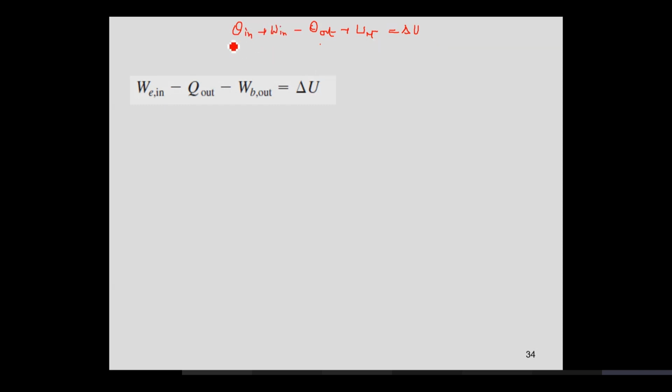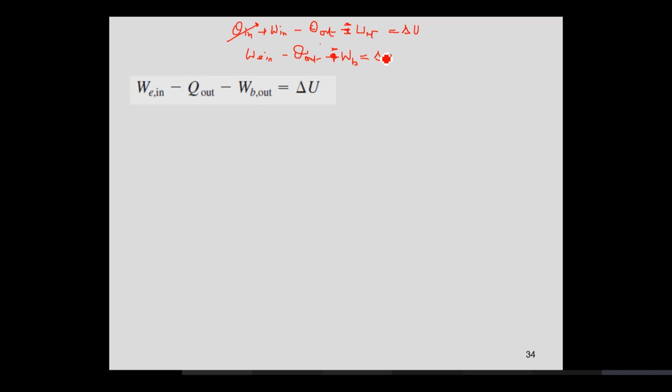Now there is no Q in, so Q in would be 0. Work in is basically work electrical into the system minus Q out, and work out we have divided into two forms. There is no other work being done by the system except the boundary work. So this is minus, and you will also have minus over here. This is essentially equal to delta U.